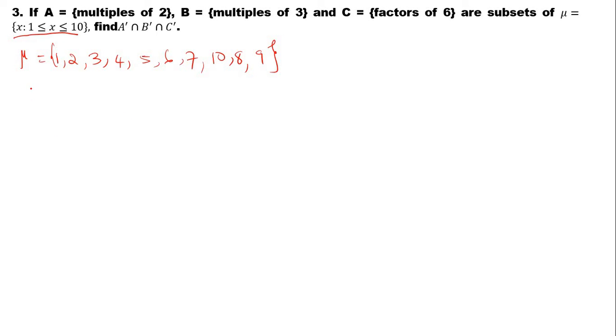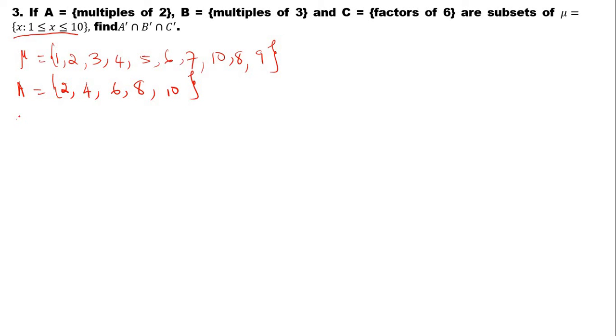Okay. So next I have my set A, multiples of 2. I'll go to the universal set and search for the multiples of 2. We start with 2 times 1, 2, 2 times 2, 4, 2 times 3, 6, 8, and 10. These are multiples of 2 in the universal set.